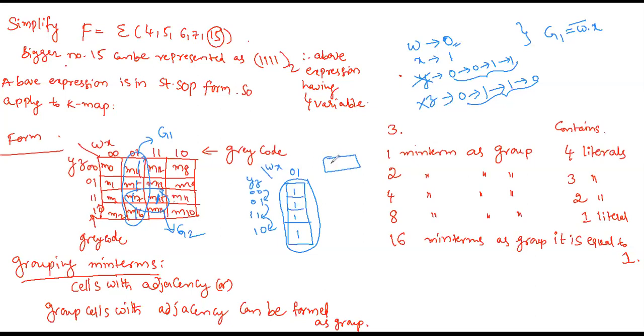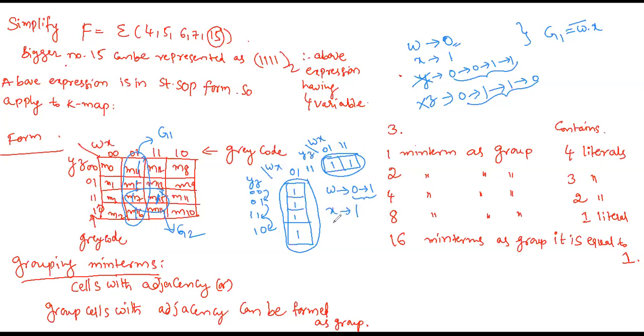Now look for G2. G2 is 1, 1, and this is Wx, Yz. What are the Wx values for this group? 0, 1, 1, 1, and Yz values are 1, 1. Now along this group, look at each variable. W value is changing from 0 to 1. X value is 1 to 1, so it is constant as 1.